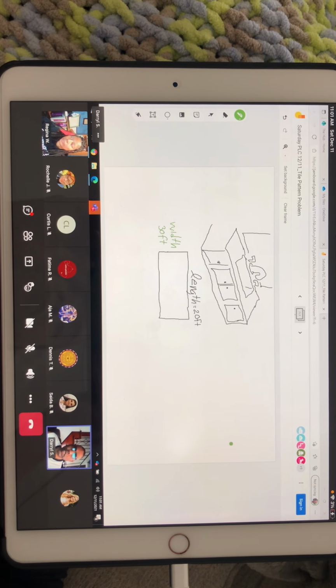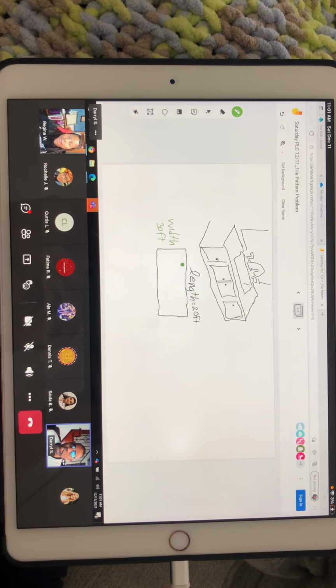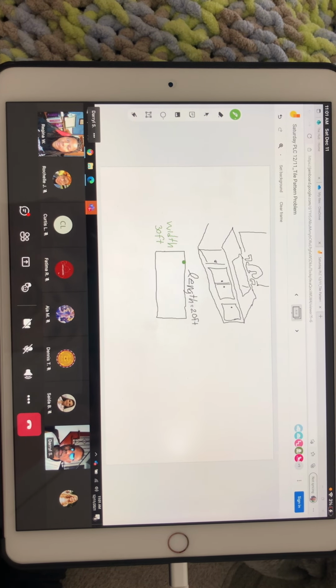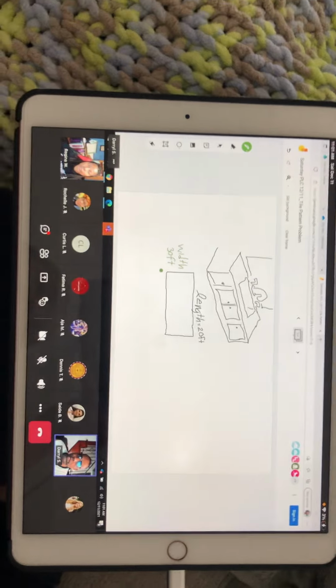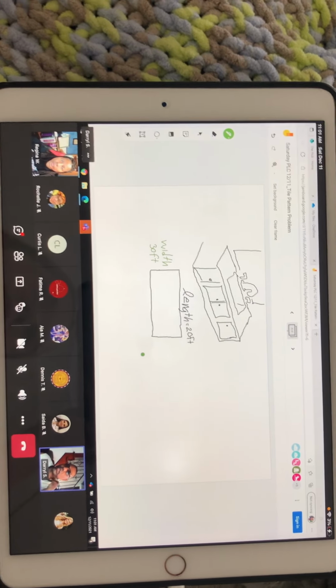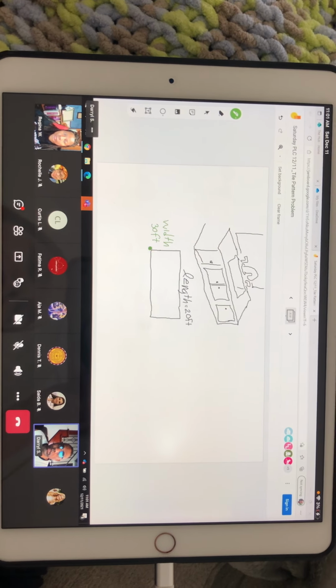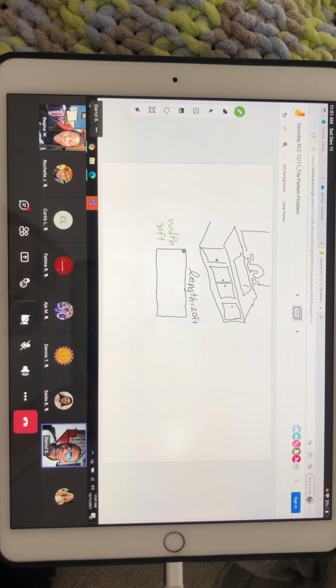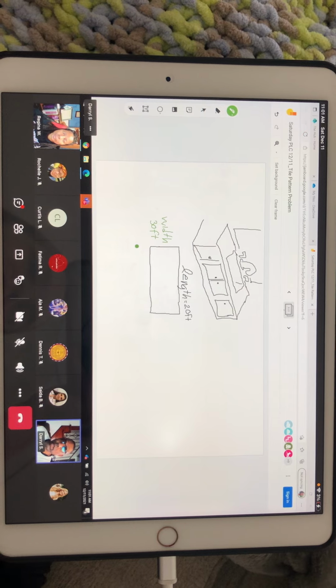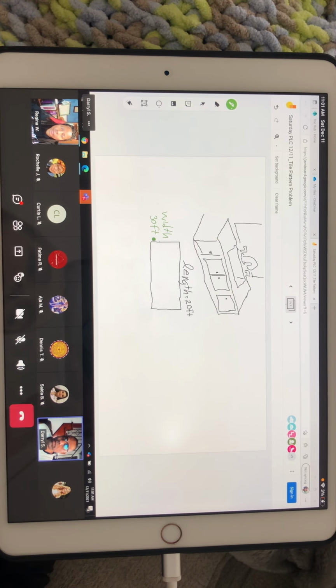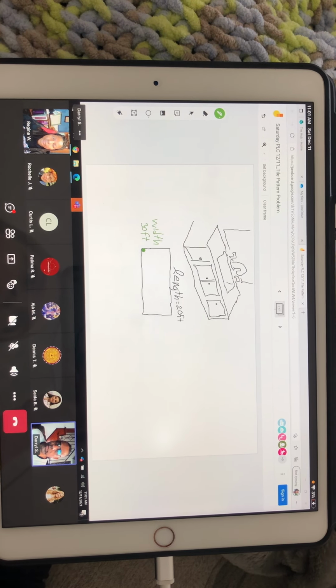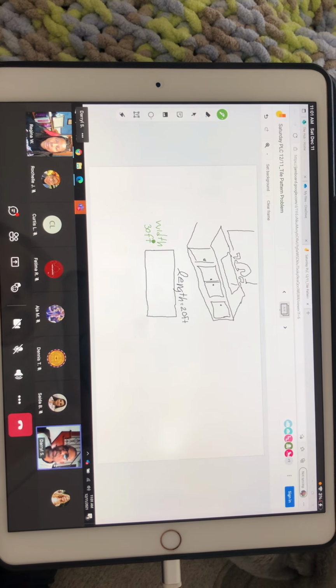And so in my rectangle here, my length, which is across the top and across the bottom, is 20 feet. And my width along the sides, 30 feet. Now, of course, I didn't draw this correctly. My width should be longer, right? But let's just go with the numbers here.